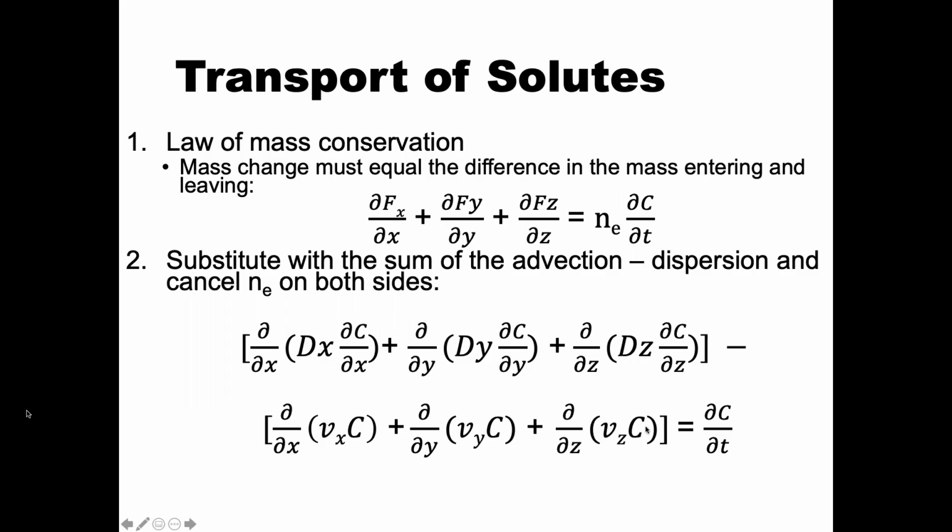And then we can see what's taking place on the bottom, which is our advection. And we think about these in the X, the Y, and the Z direction, just like we think about our changes in our concentrations in the X, Y, and Z directions as a result of just advection itself. And so these two components come up with the change in concentration over the change in time in our system.